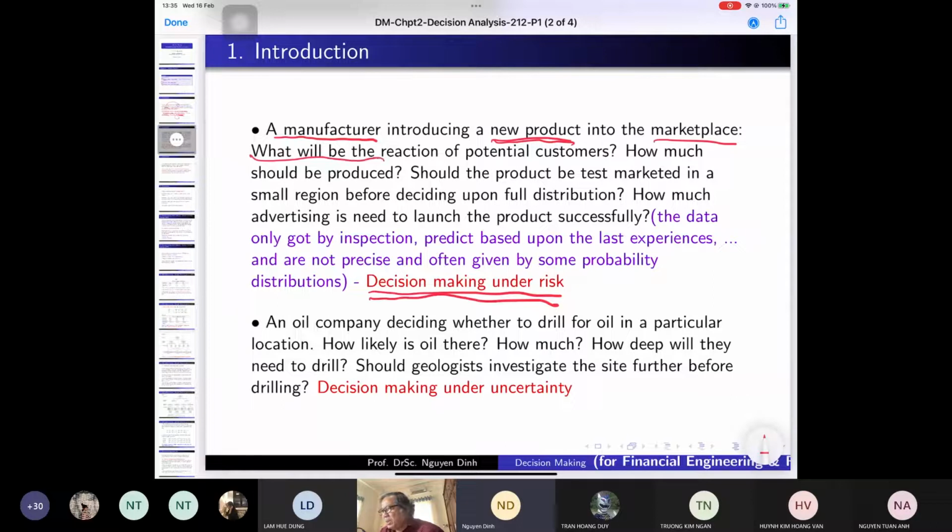What will be the reaction of potential customers? When you produce this, you can think of students at high school, and students at university, who use it the most.